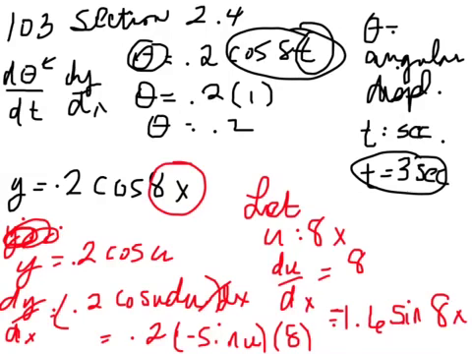Well, our x's in this problem were really t's. So if I want to find what they want to know, what's the rate of change, the rate of change is not a function, it's a number. That's going to be sine of 8 times t is 3, so that's sine of 24. Okay, and this is in radians, so we need to make sure we put our calculator in radians.